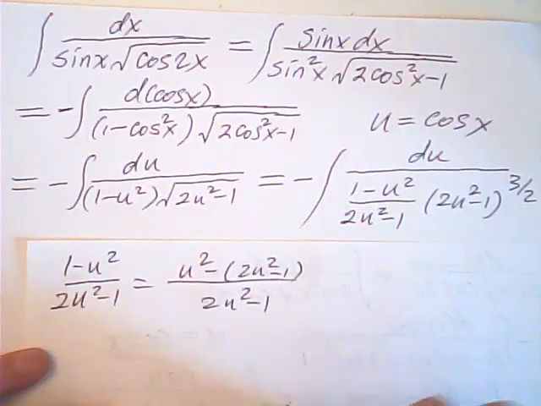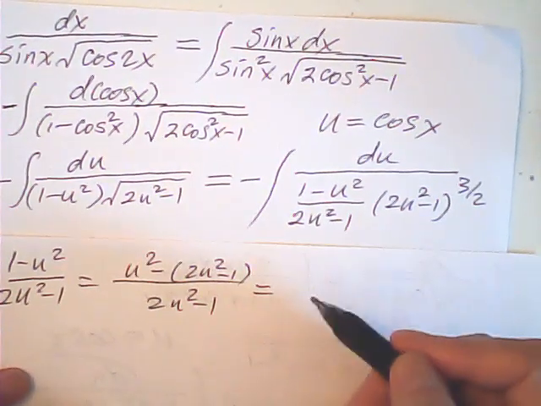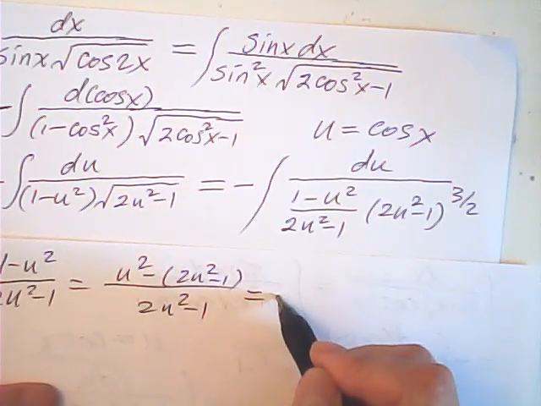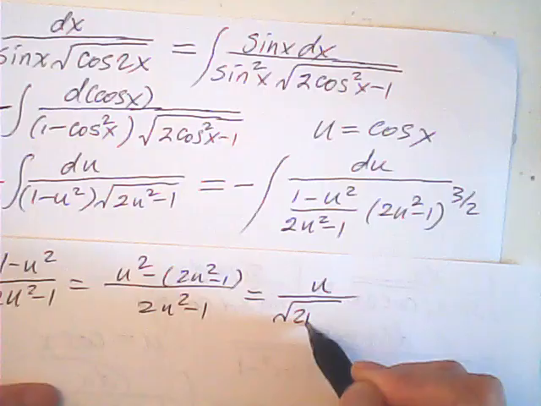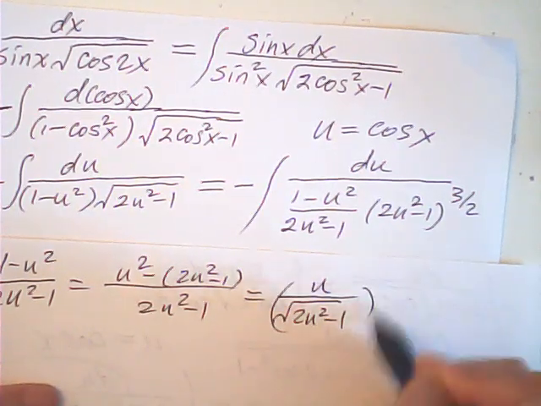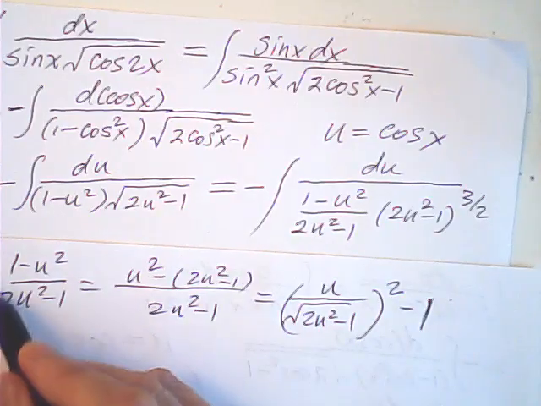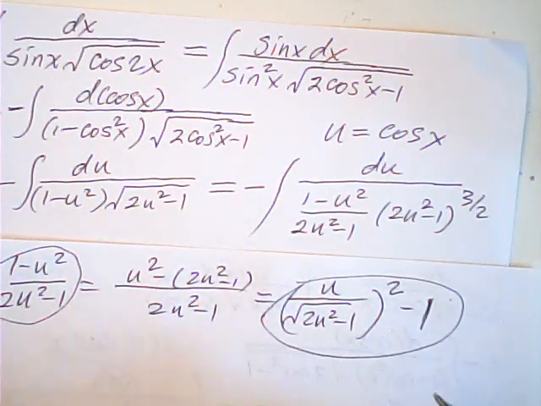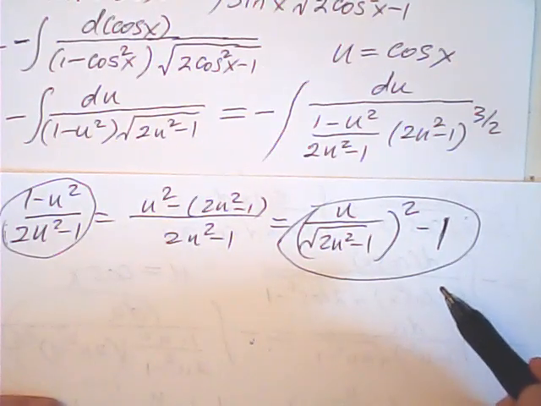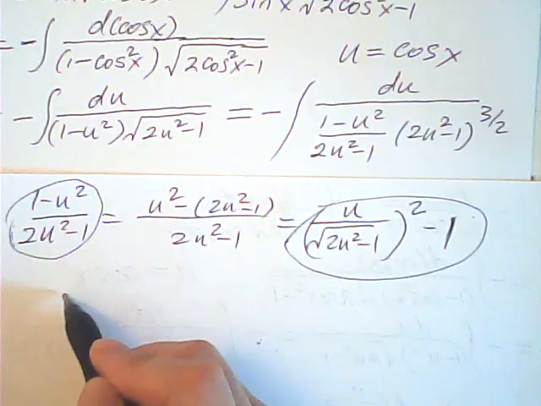So this begins changing into u over the square root of 2u squared minus 1. So I want to change this one into this. That is one idea, changing this one. Now the other idea is this.